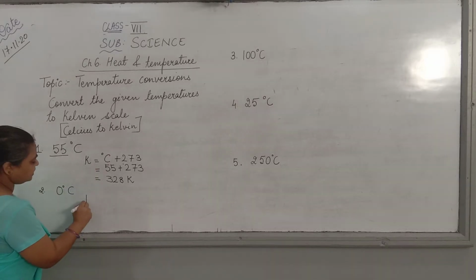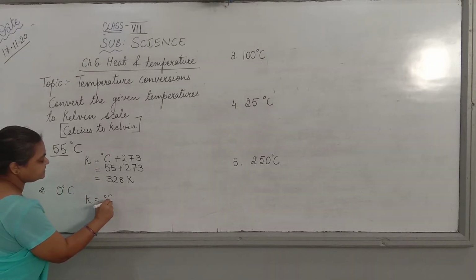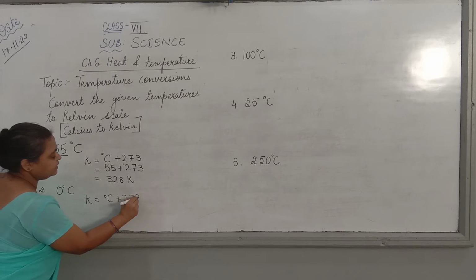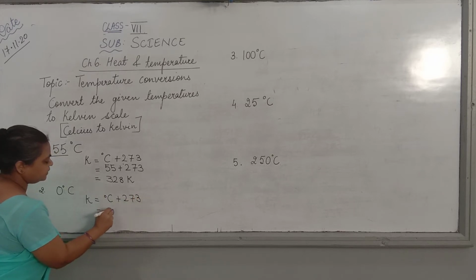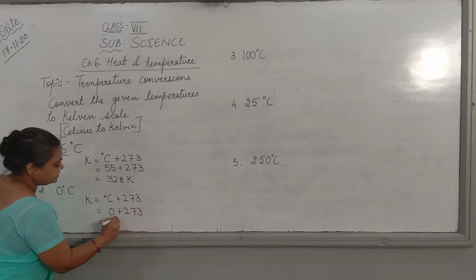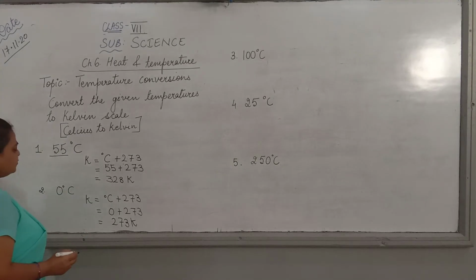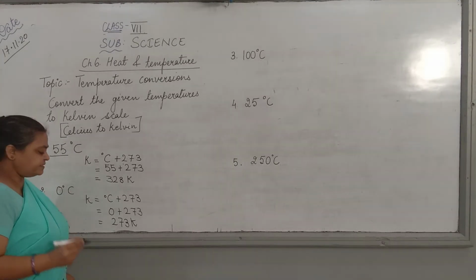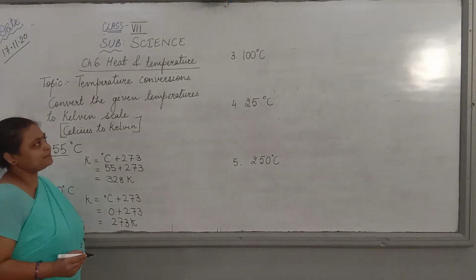Right? Second example, 0 degree Celsius. Using the same formula, K is equal to degree Celsius plus 273. We will get 0 plus 273 gives you 273 Kelvin. That means the melting point of ice in Kelvin is 273 Kelvin.